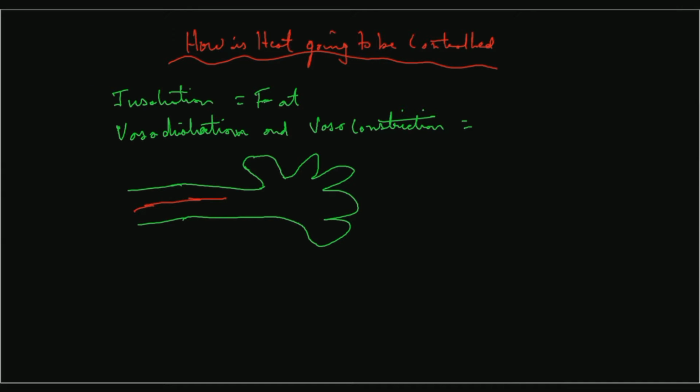It'll stay as much to the interior of the hand or whatever body part we're talking about, to not let that heat dissipate away, because that heat is valuable to the body if it's freezing outside.